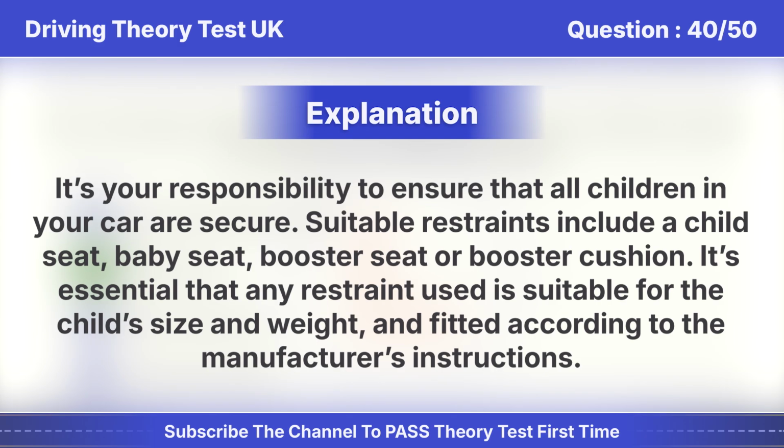It's your responsibility to ensure that all children in your car are secure. Suitable restraints include a child seat, baby seat, booster seat, or booster cushion. It's essential that any restraint used is suitable for the child's size and weight, and fitted according to the manufacturer's instructions.